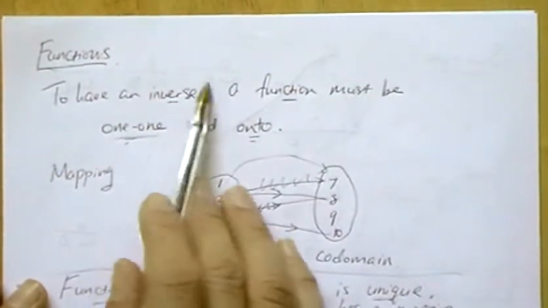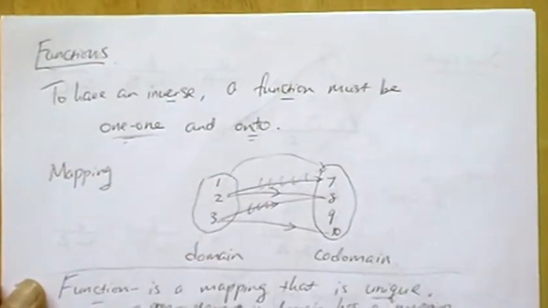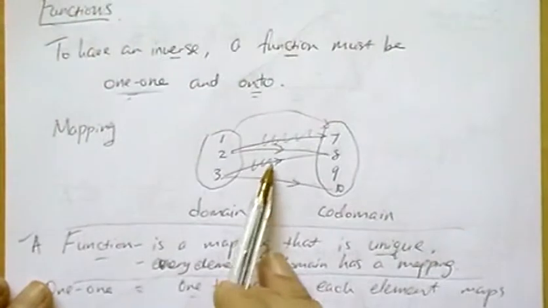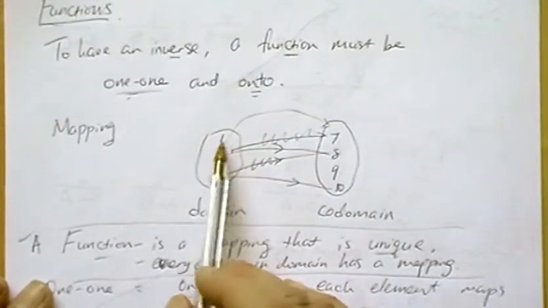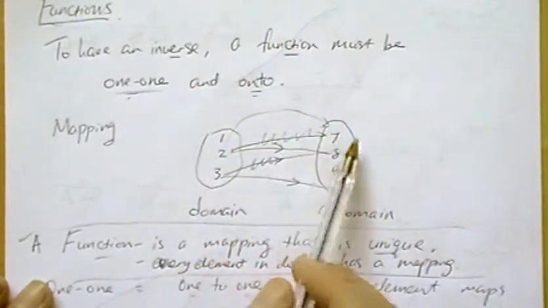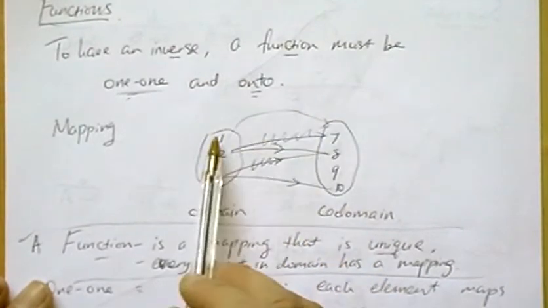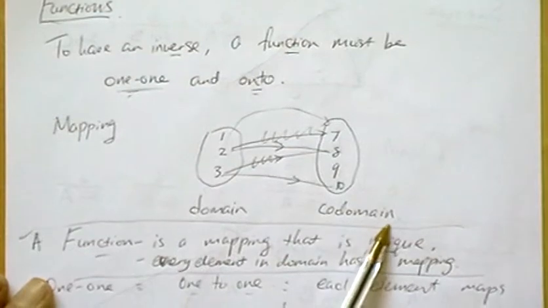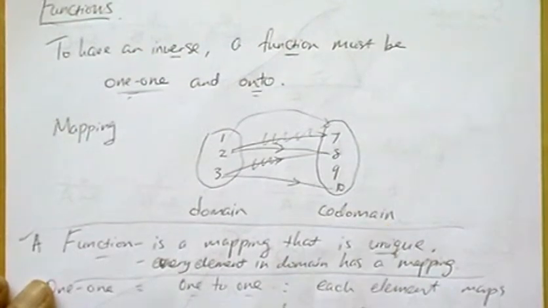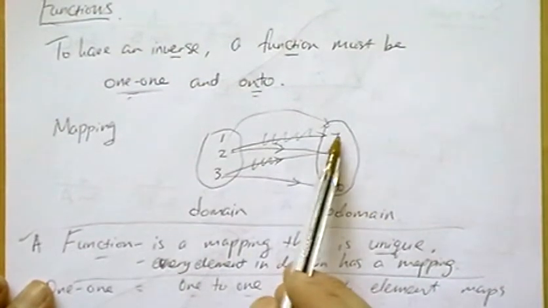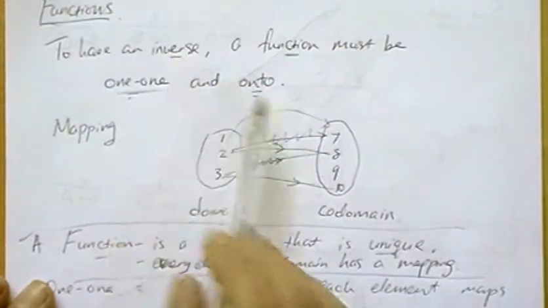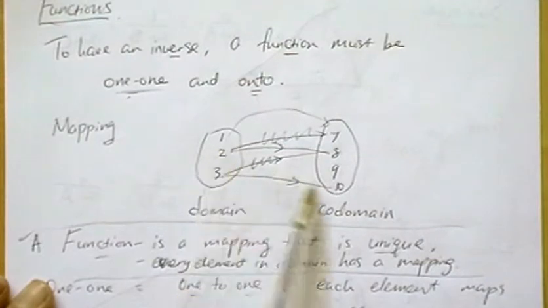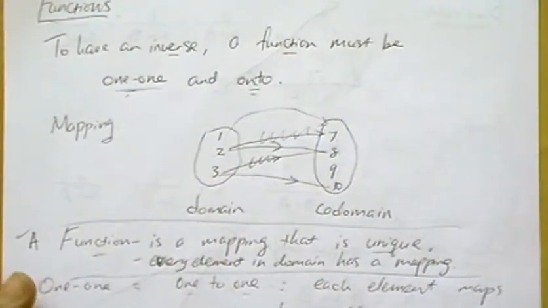So let's just think about the inverse function without worrying about its function property. Now the inverse mapping just means that instead of mapping, say in this case from 1 to 7, I turn it around and map from 7 to 1. In other words, I exchange the role of the domain and the codomain. So now the inverse mapping simply maps from 7 to 1, 8 to 2, 10 to 3.